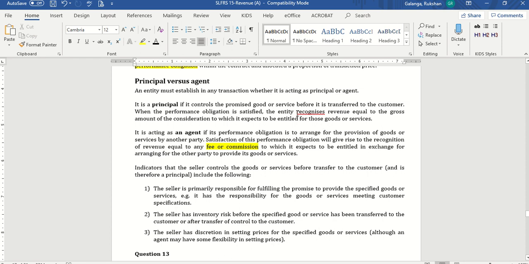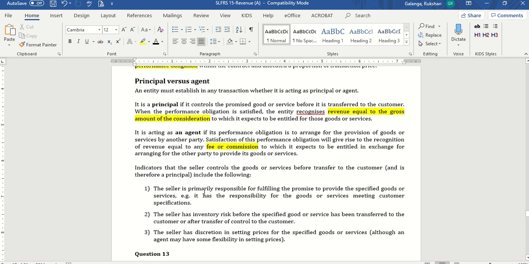Here, when it comes to the principal, what does he recognize? He recognizes revenue equal to the gross amount of the consideration, whereas the agent recognizes the fee or the commission once the performance obligation is satisfied, right? So these are indicators that the seller controls the goods or service before transfer to the customer, and is therefore the principal.